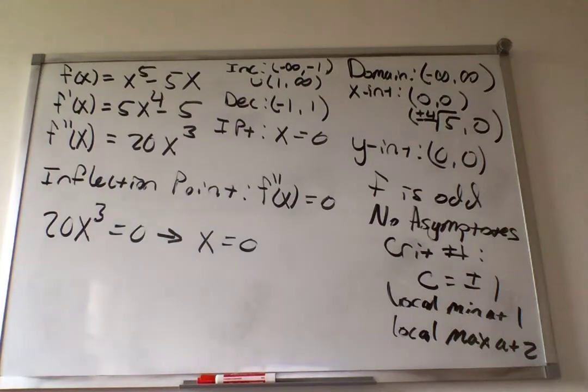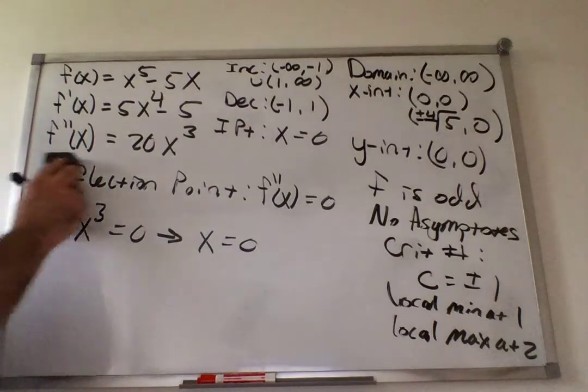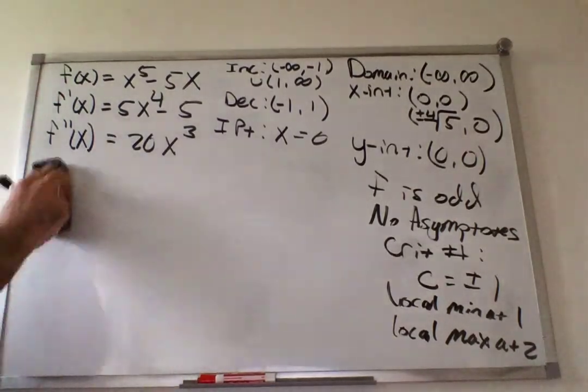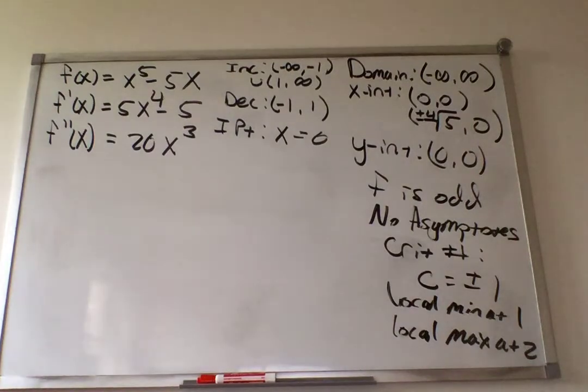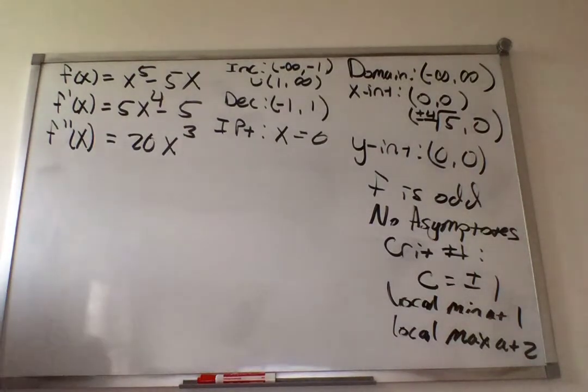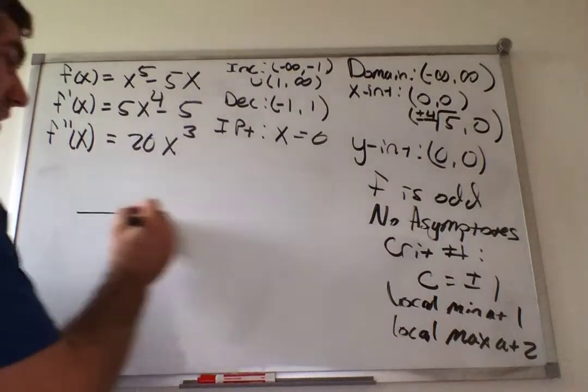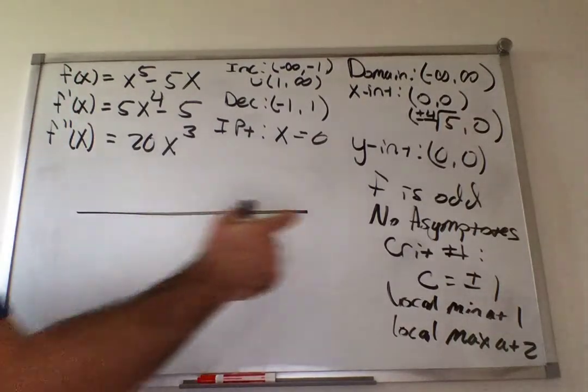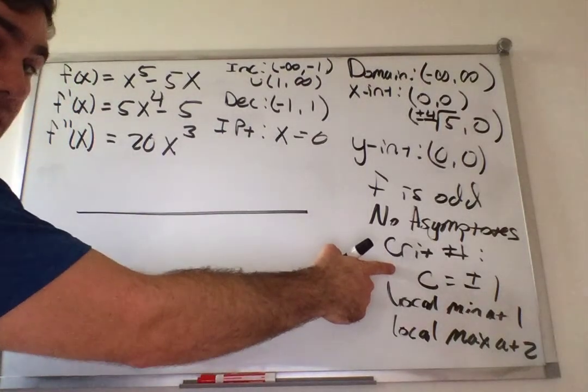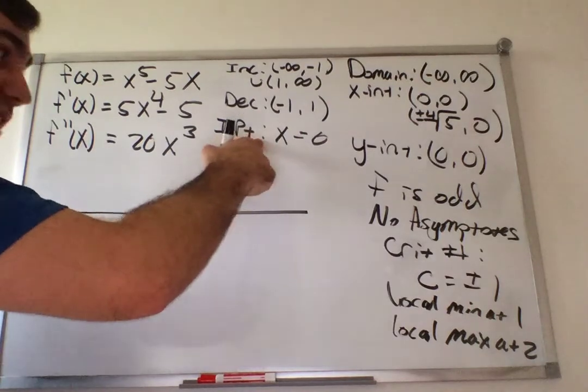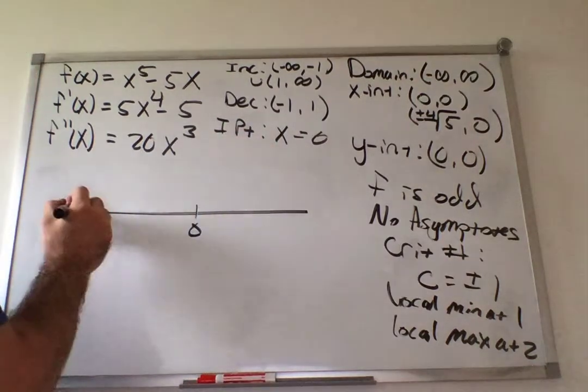Now, we want to find the intervals of concavity. That is very much like the first derivative test. However, you're using the concavity test, and instead of putting the critical numbers on your number line, you're putting the inflection points on it.